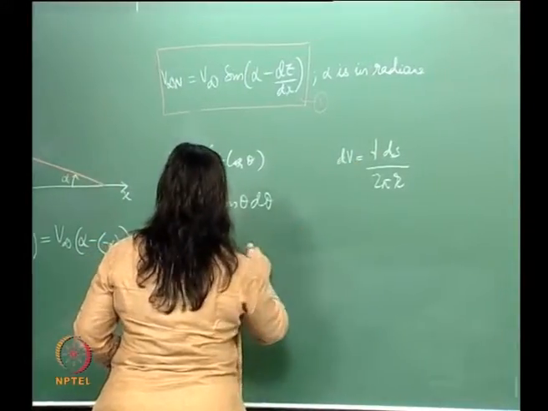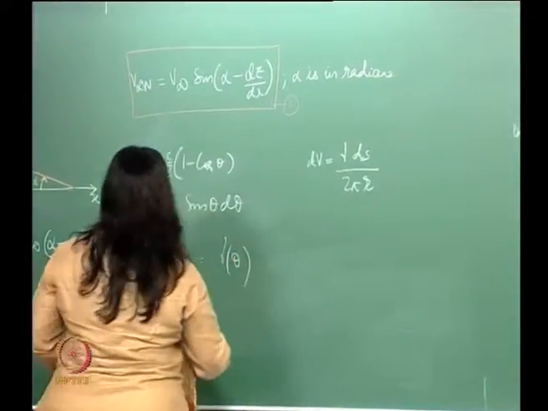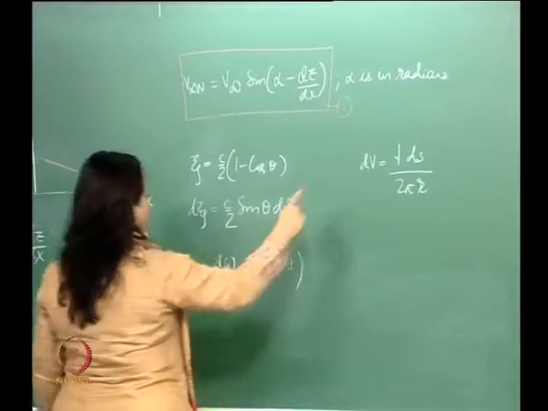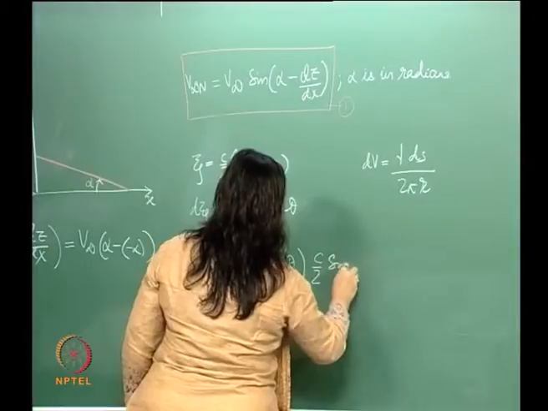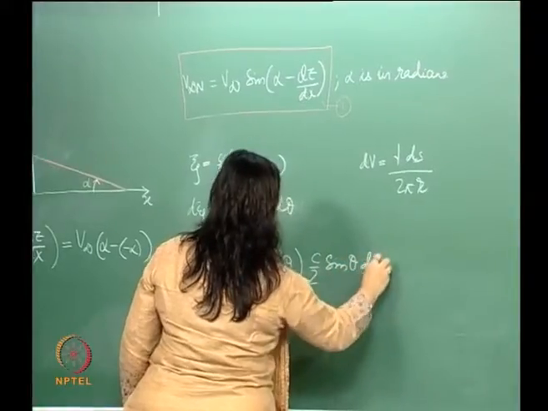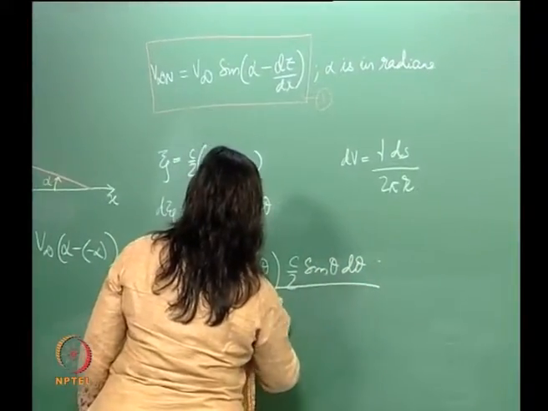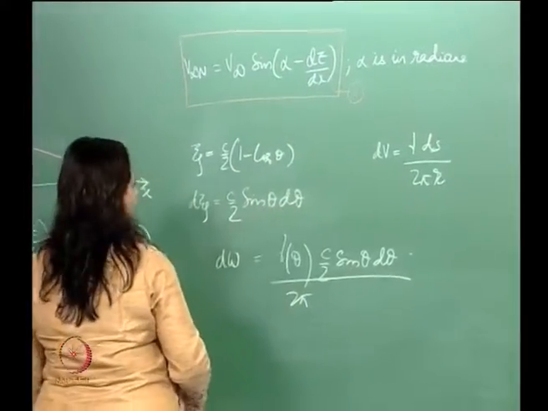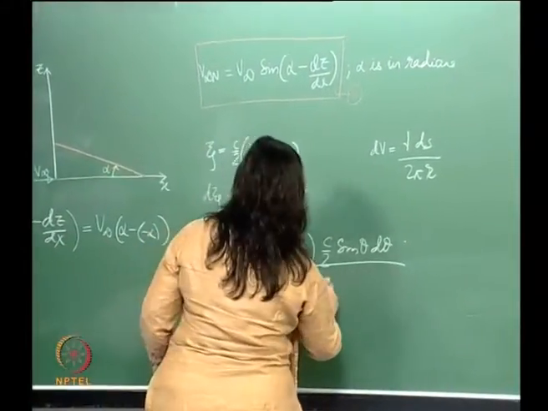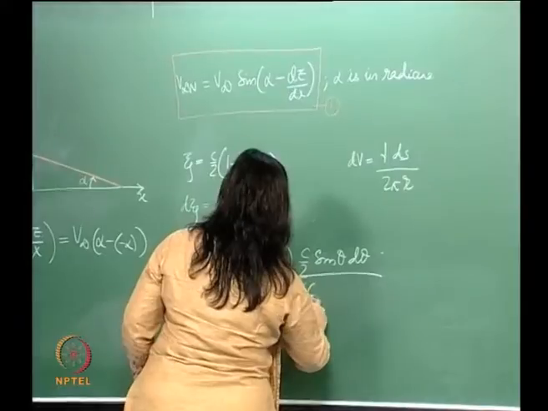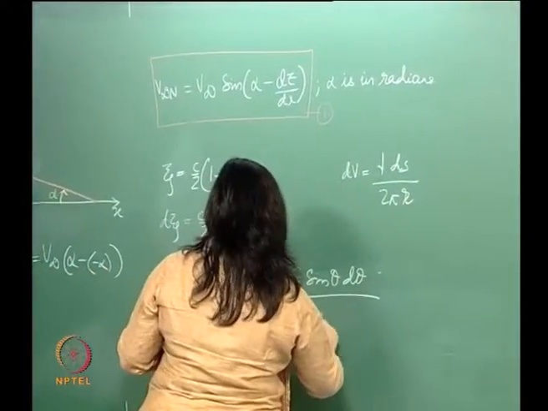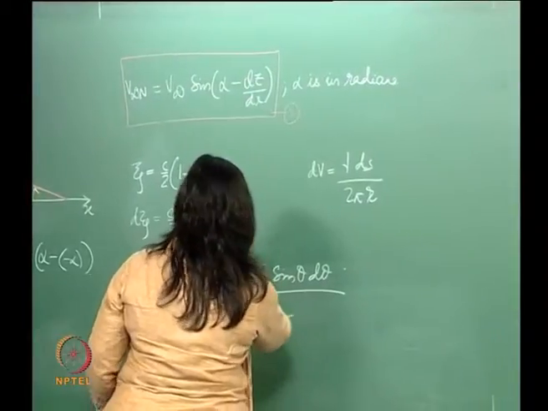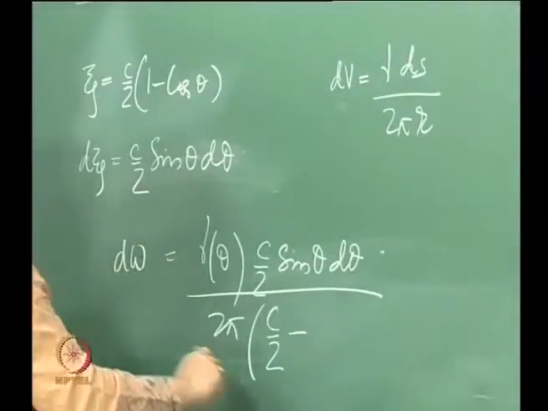This gamma I will write in terms of theta, and ds is dz here, which is c by 2 sine theta d theta by 2 pi. So r, the total, is c by 2 minus z.